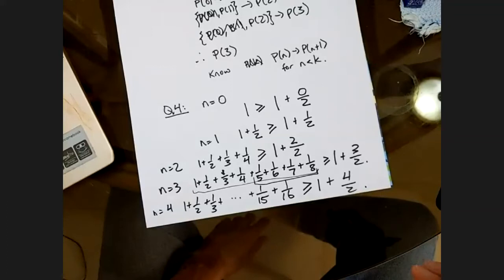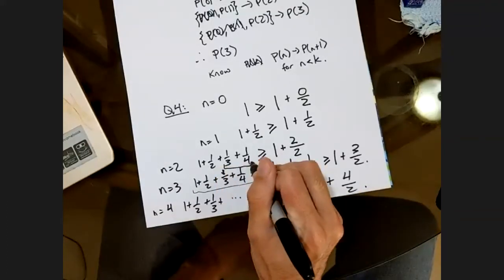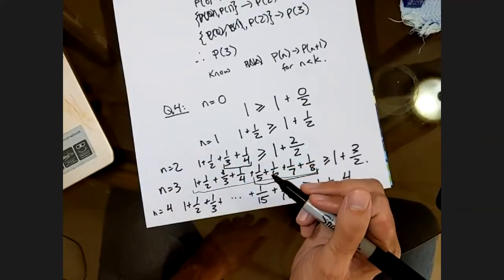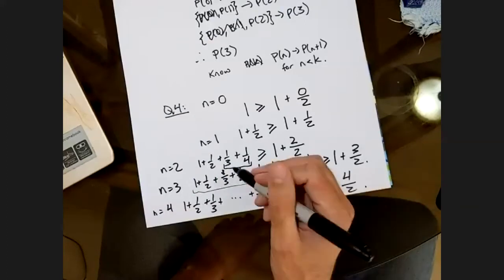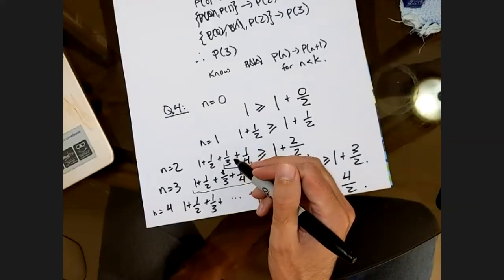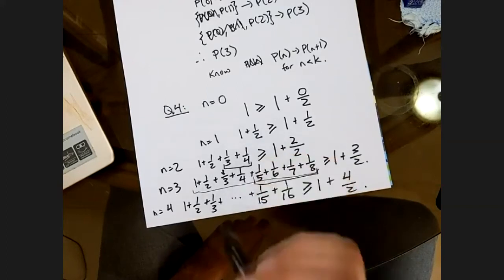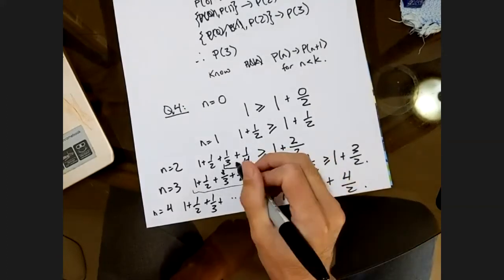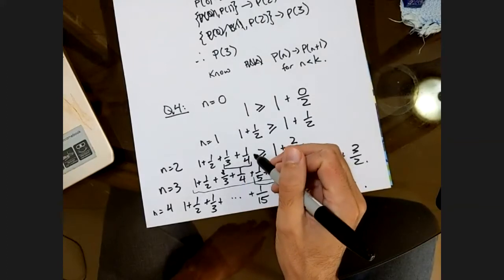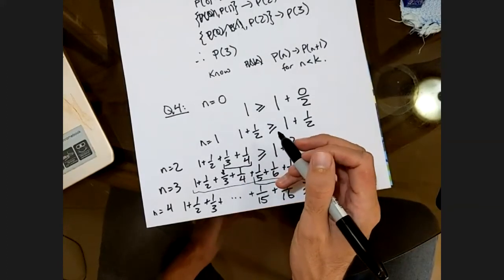For example, 1/3 plus 1/4. If we work it out directly, putting it in lowest terms, that would be 7/12, which is bigger than 6/12. So it's bigger than a half.